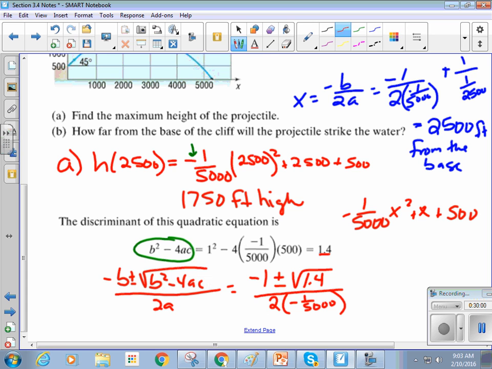Okay, so we're going to calculate this out, we are going to discard the negative answer and we're going to keep the positive answer. So go ahead and take a moment and see if you guys can calculate this out on your calculator.